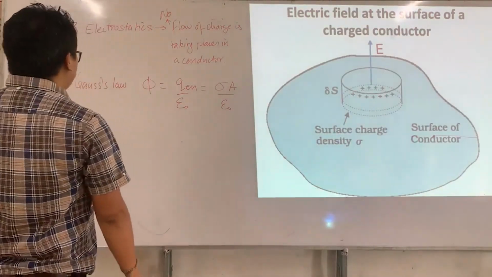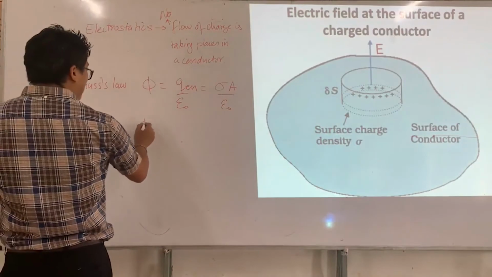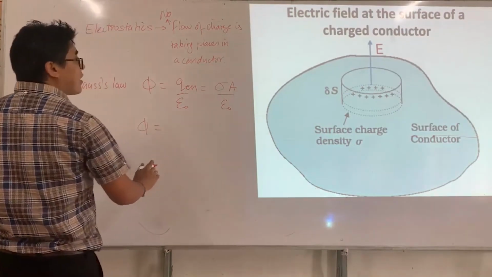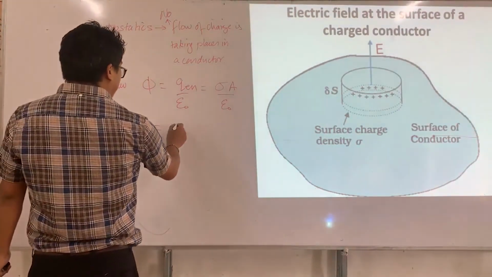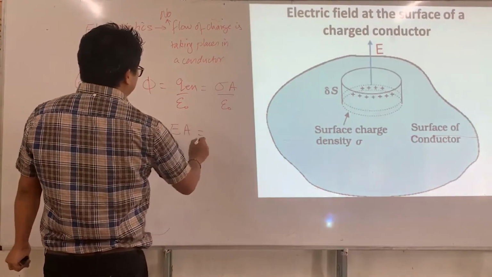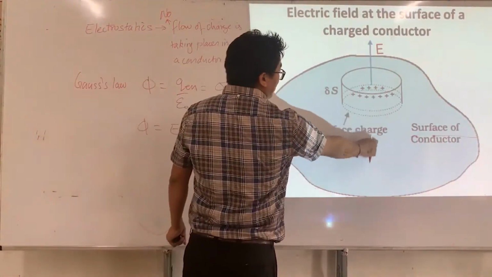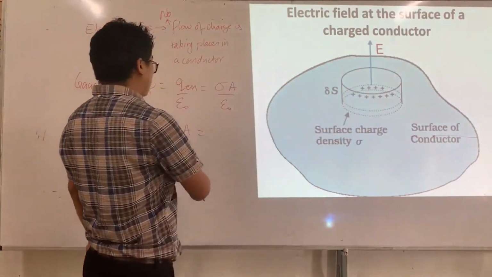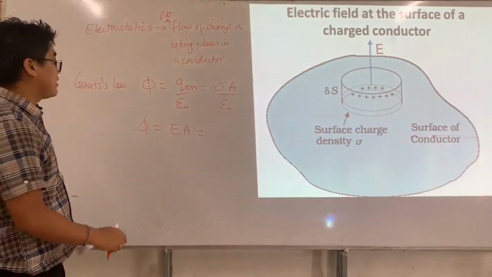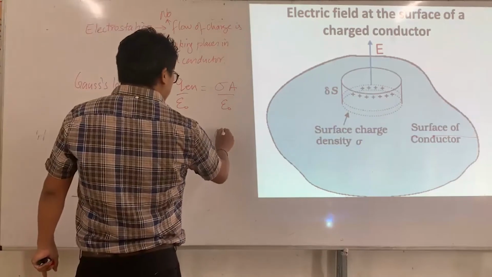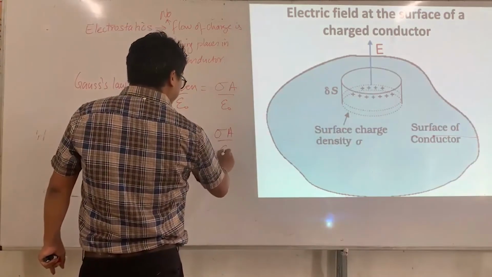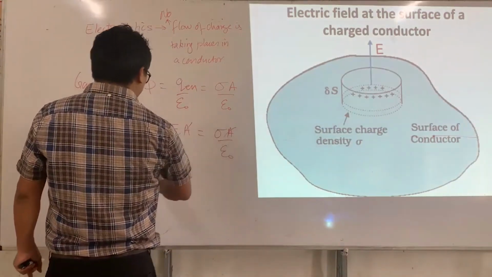Now next is again flux. What about electric flux? Electric flux is equal to EA, because there is no electric field crossing the other faces, so we write only this flux, and this flux is equal to the other flux. So A and A cancel out.